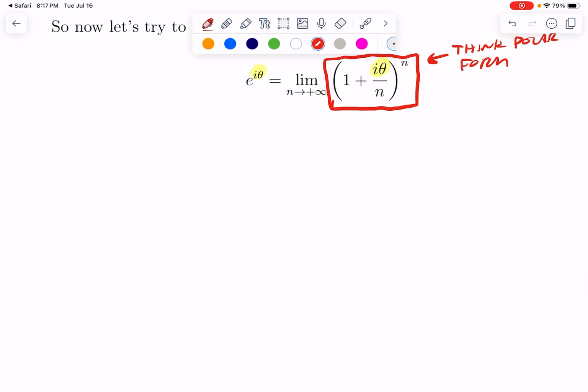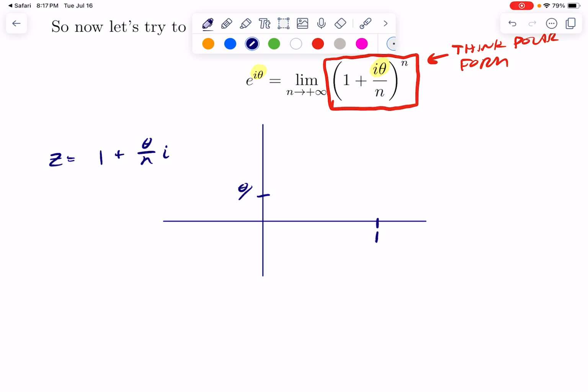So here's what we're going to do. We're going to think about this complex number, z equals 1 plus theta over n i. So here is 1, that is its real part, and let's just say that's theta over n. So there is z, and I'm going to put z in polar form.